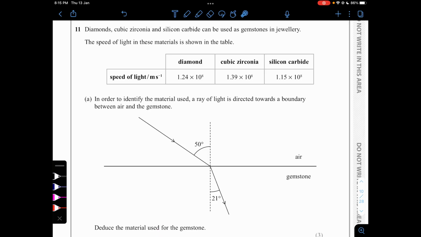This is actually pretty straightforward. We have one formula that we can use, which is n1 sine theta 1 equals n2 sine theta 2. So now let's label what we have. Theta 1 equals 50, theta 2 equals 21. And for air, n1 is 1, but for n2, we don't know.